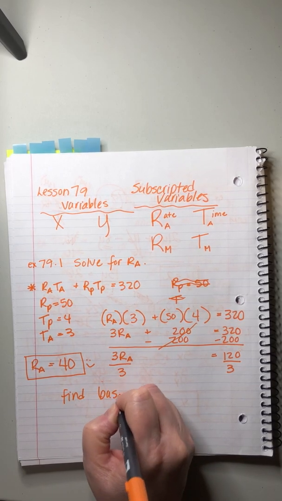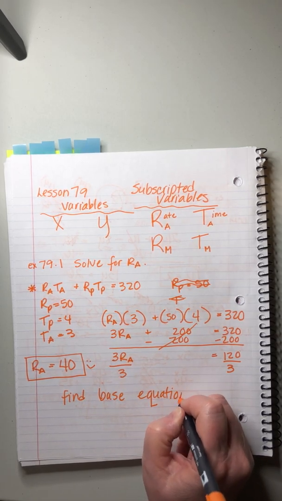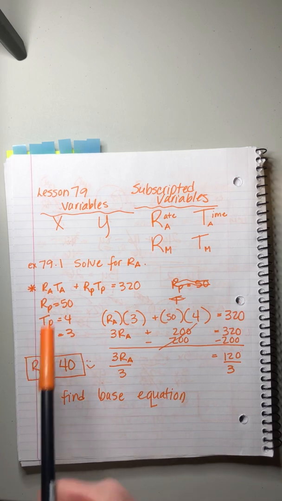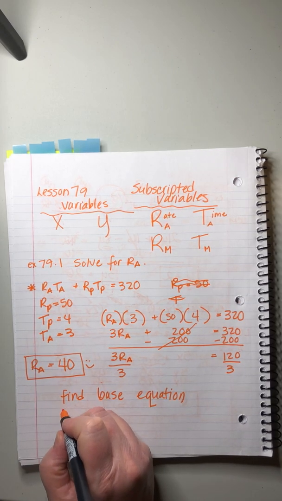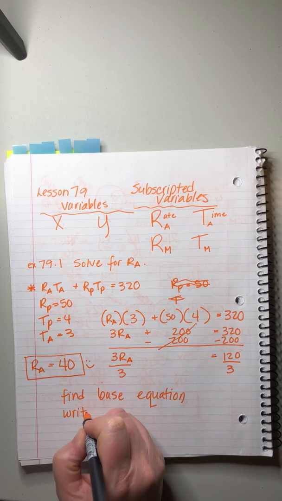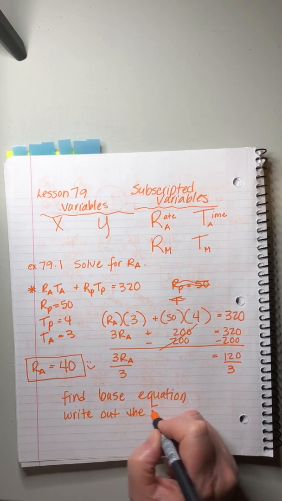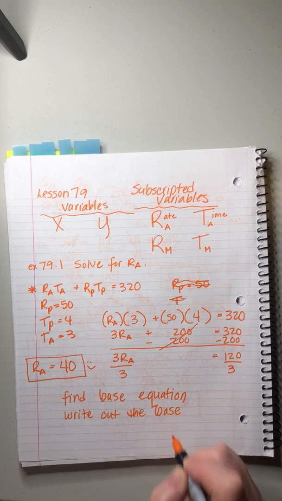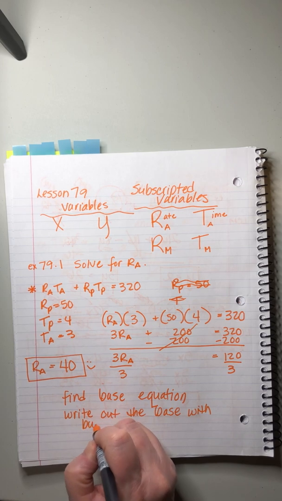Let's write them down. These are the steps. Again, the base equation is the one with all the options, and it's what you're going to plug everything else into. 2, write out the base with buckets.